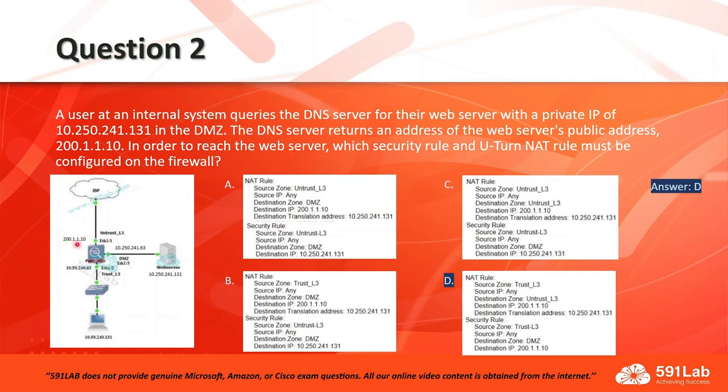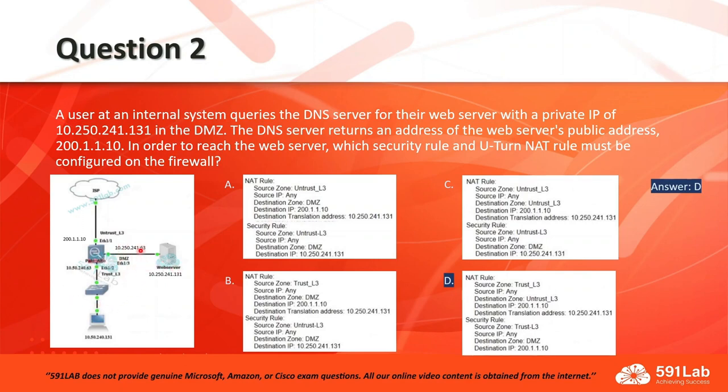100.1.1.10, and the destination translation address will be the web server, that is 10.250.241.131. And then the security rules will be the source zone from trust to the destination zone on the web server.